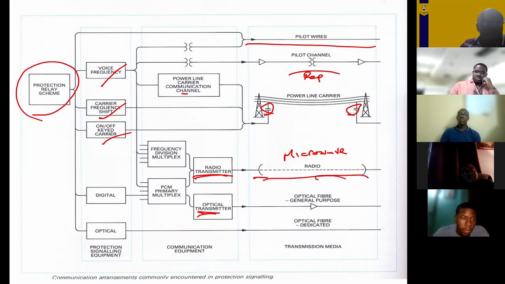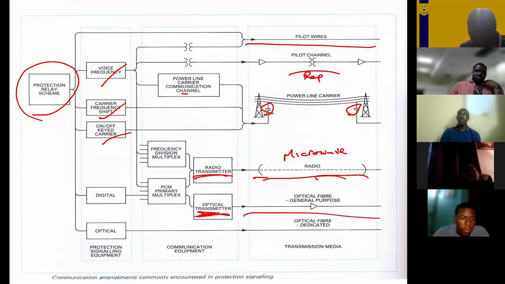And the microwave antennas, you can still see them on top of the substation house or the relay houses. So using that, you can then use the optical. You use fiber, or you can have dedicated fiber for your protection system. Okay.